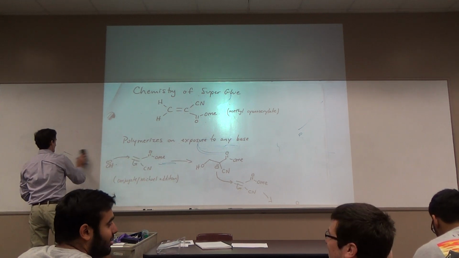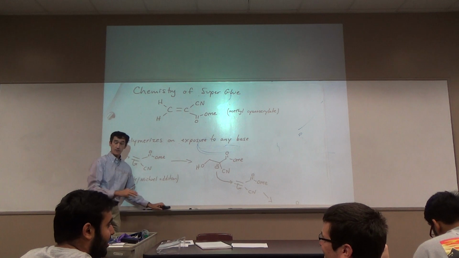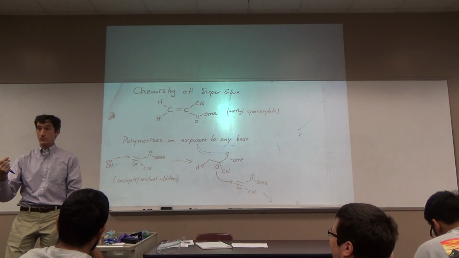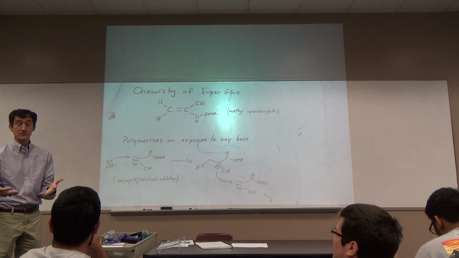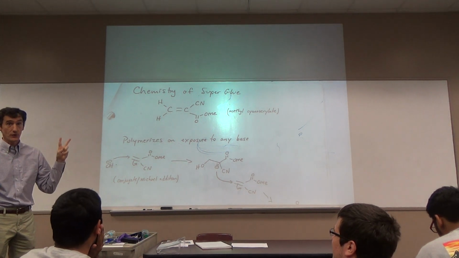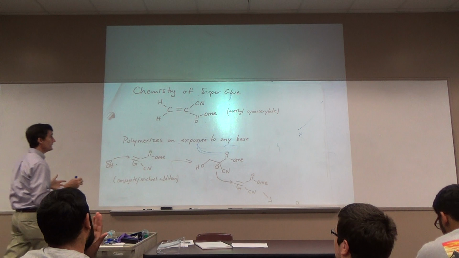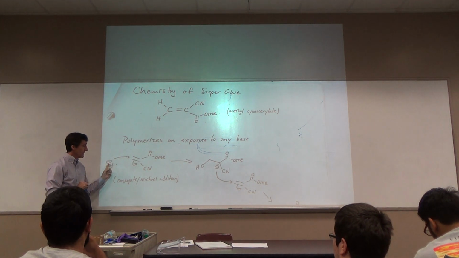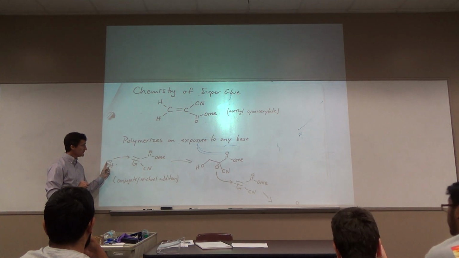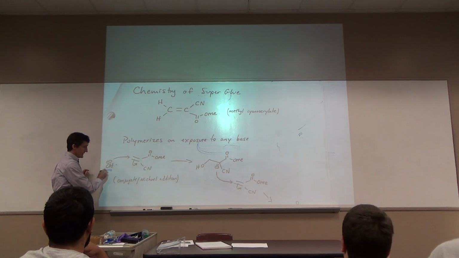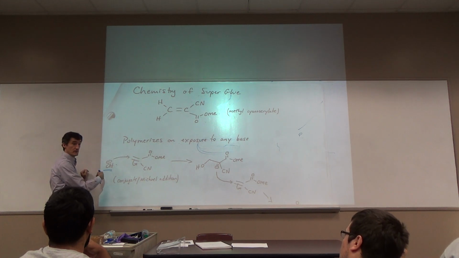I hope so. Okay, so why does the superglue liquid turn into solid? Is it just drying? No, it's not just drying. It's a polymerization reaction. Okay, here we go. It's initiated by an anion or nucleophile.